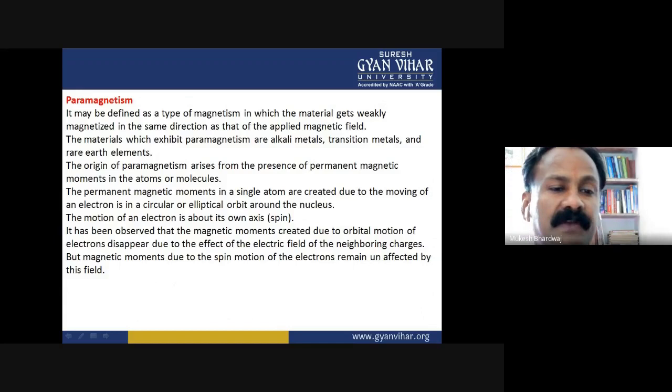The electron also moves about its own axis, which is its spin. It has been observed that the magnetic moments created due to the orbital motion of the electron disappear due to the effect of the electrical field of the neighboring charges. But magnetic moments due to the spin motion of electrons remain unaffected by this field.